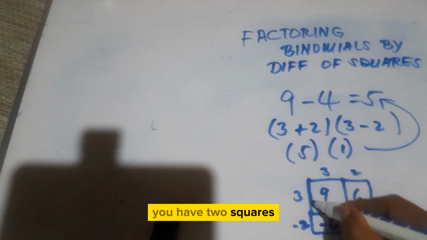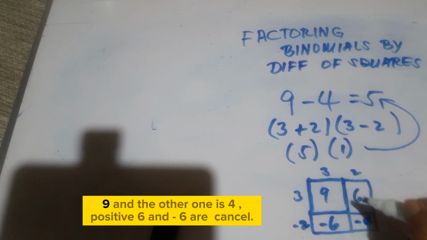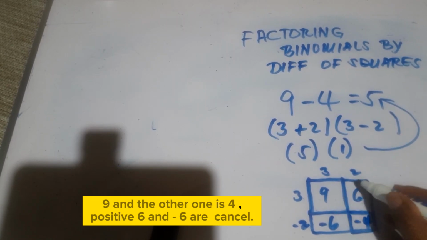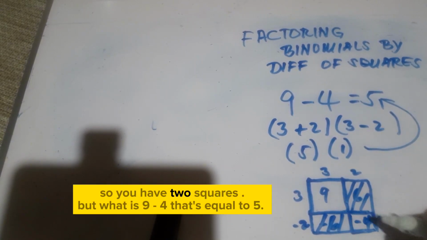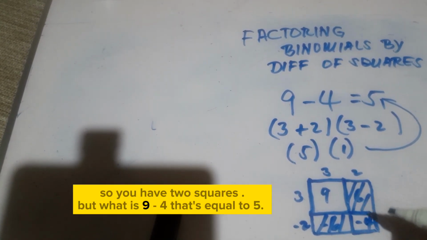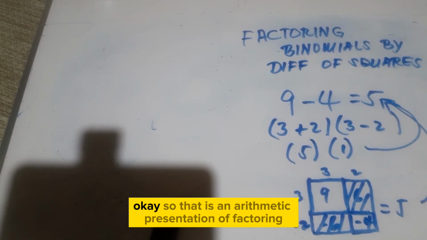You have 2 squares, 9, and the other one is 4. 6 minus 6 cancel. So you have 2 squares. But what is 9 minus 4? That's 5.